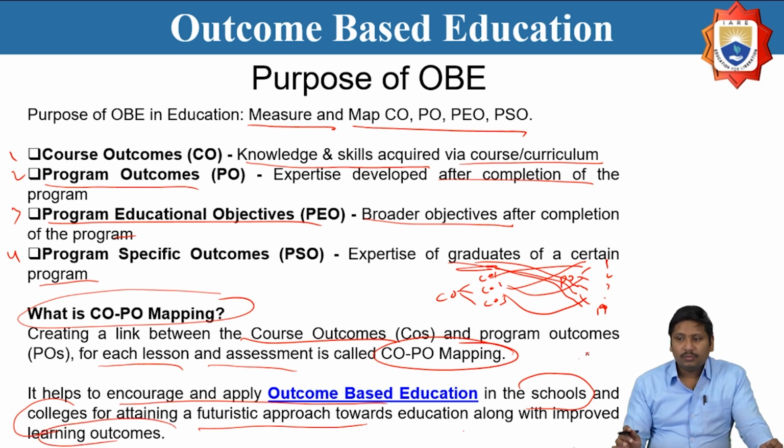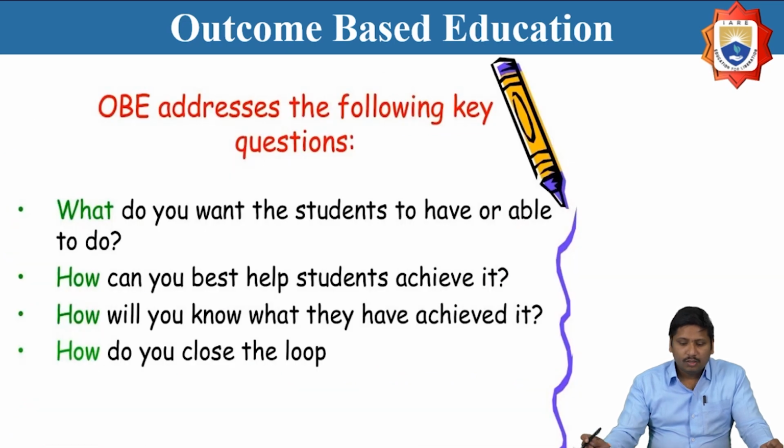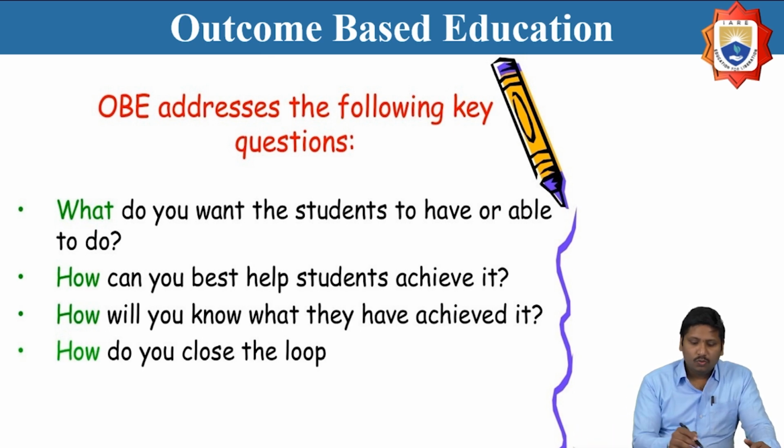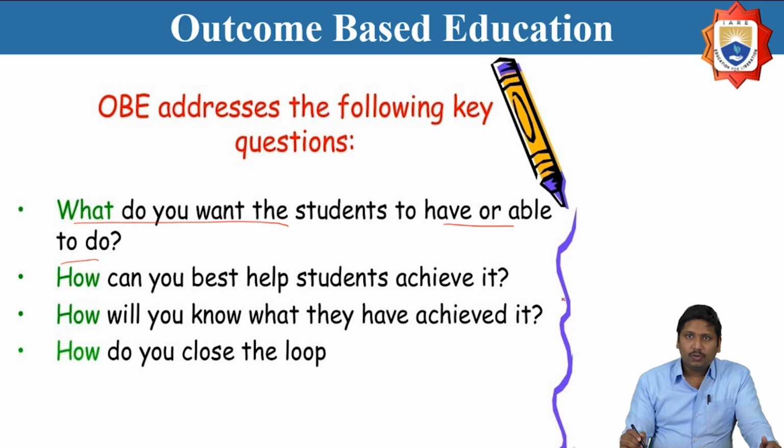Okay. So what type of questions does OBE address? What do you want the students to have or be able to do? How can you best help the students achieve it?